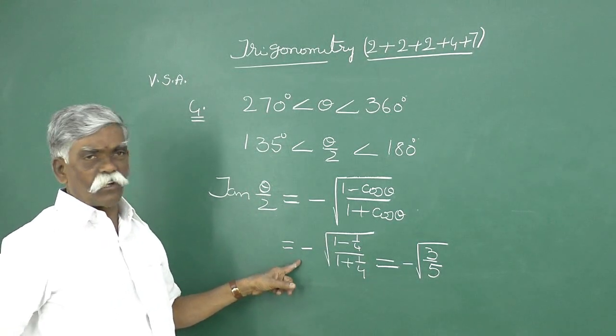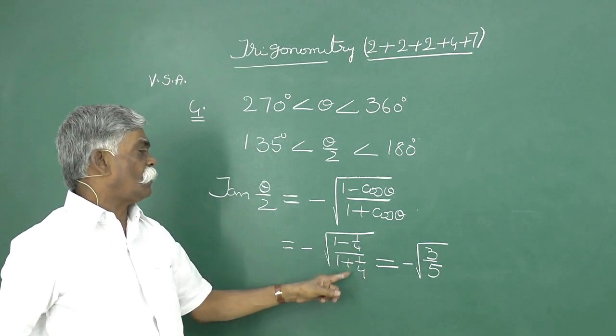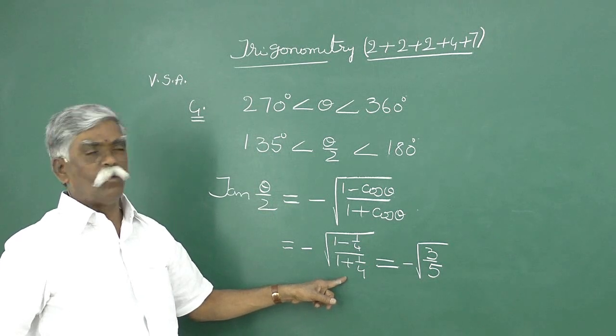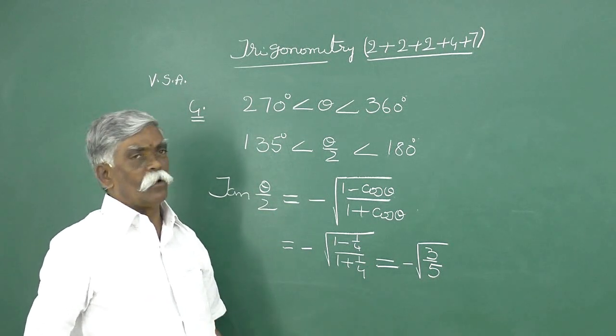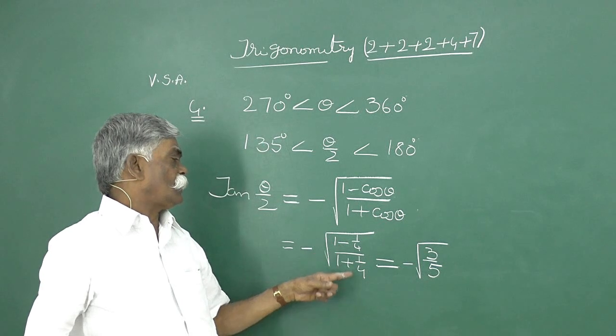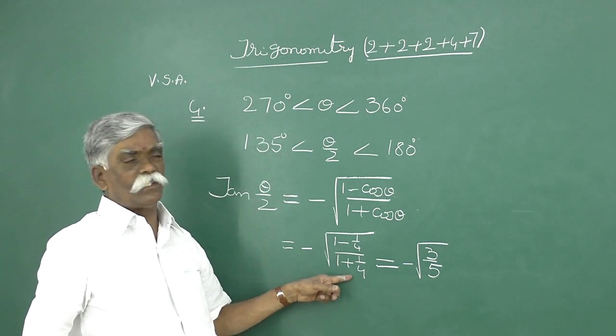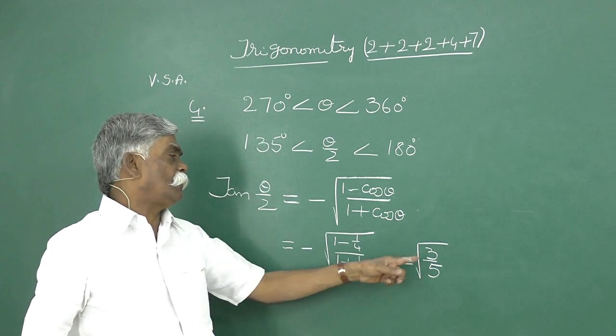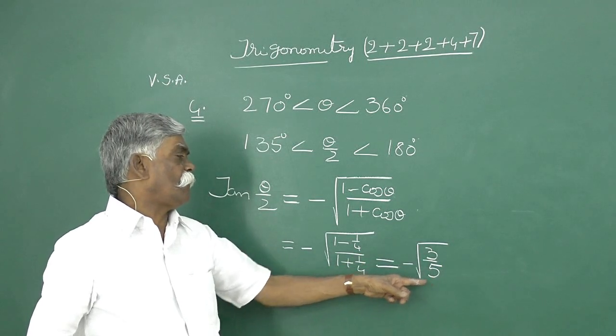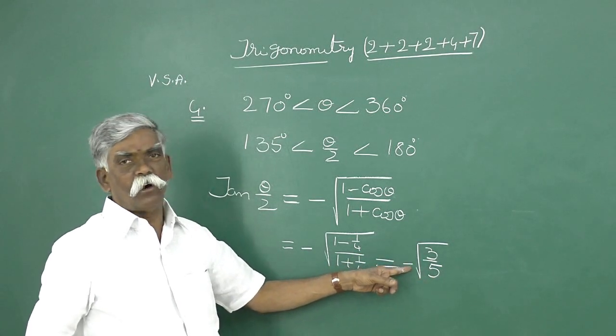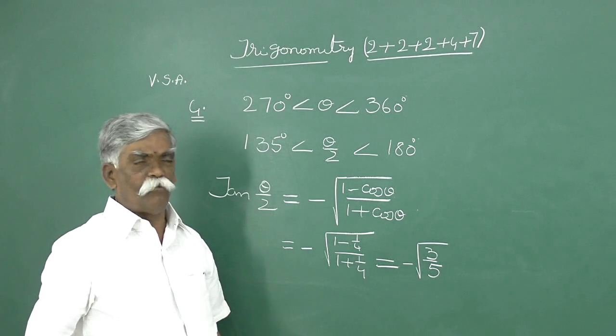It is equal to minus of square root of (1 minus 1 by 4) by (1 plus 1 by 4). In the numerator 4 is the LCM and here also 4 is the LCM. Therefore after taking the LCM, the remaining value is root 3 by 5. So therefore it is minus of square root of 3 by 5.